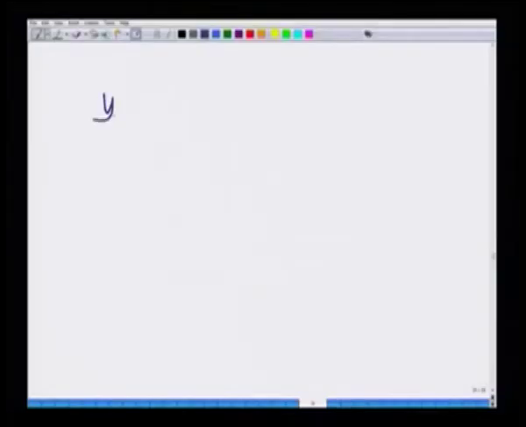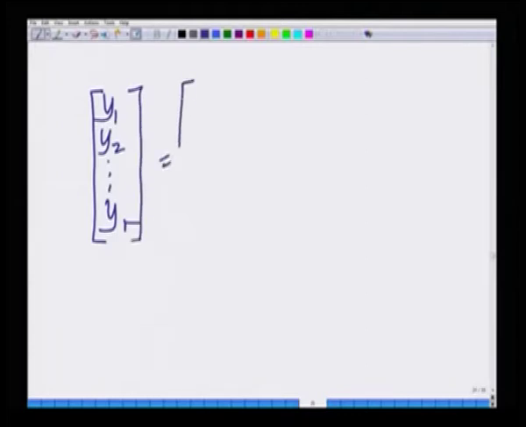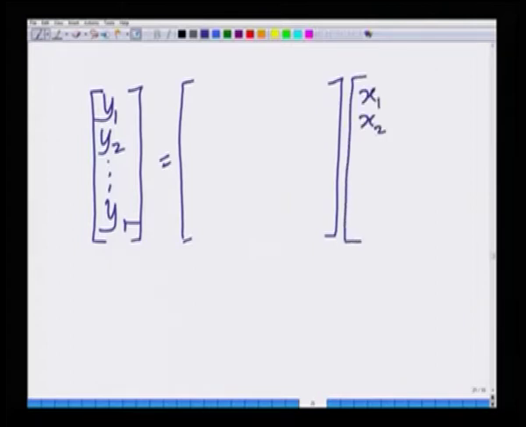So I have the R dimensional receive vector Y1, Y2 up to YR, which is some matrix times x1, x2 up to xt. This is T dimensional, this is R dimensional.